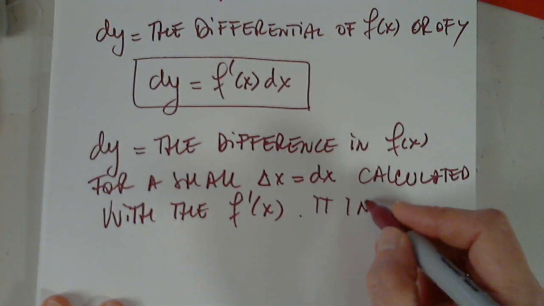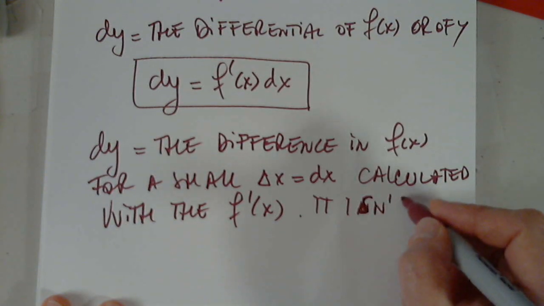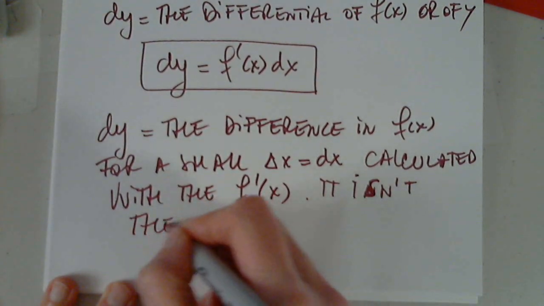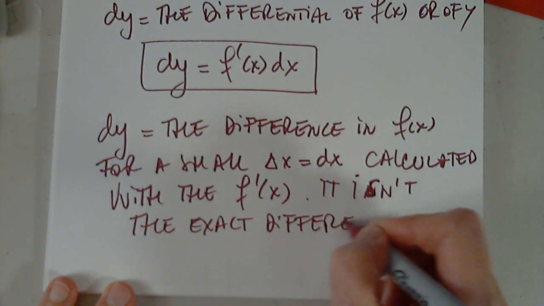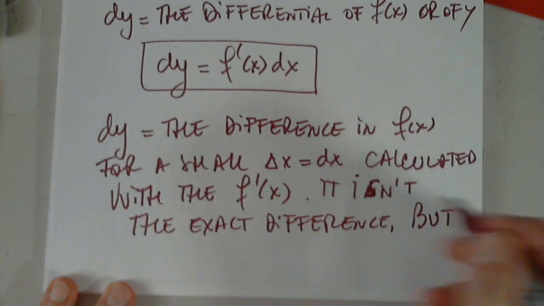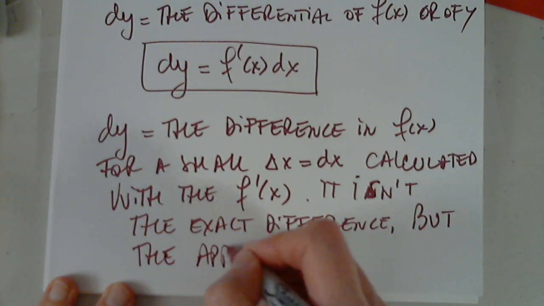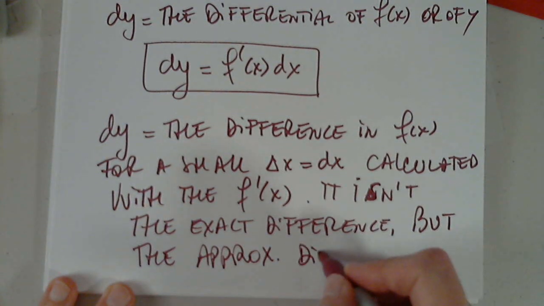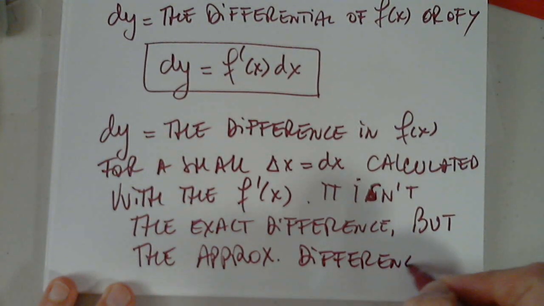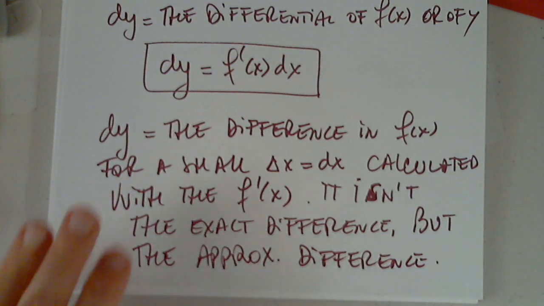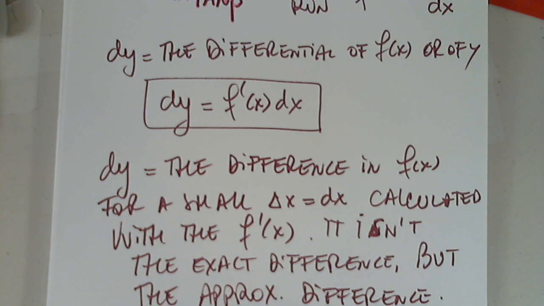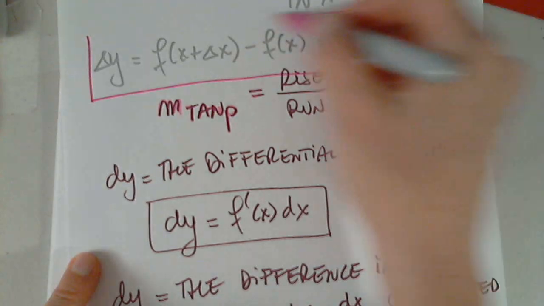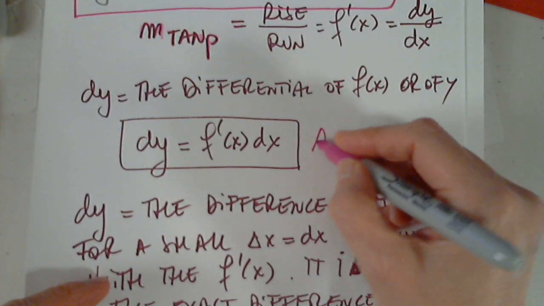It isn't the exact difference, but the approximate difference. It is not the exact. The exact is delta y. Dy is not the exact, it's the approximate. So this is the exact, and this is the approximate.